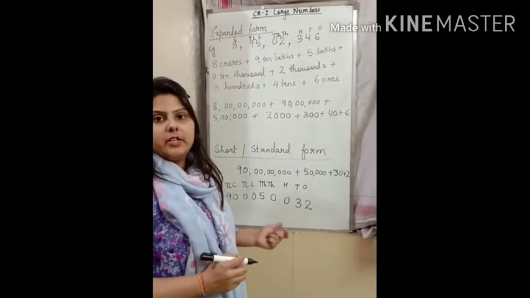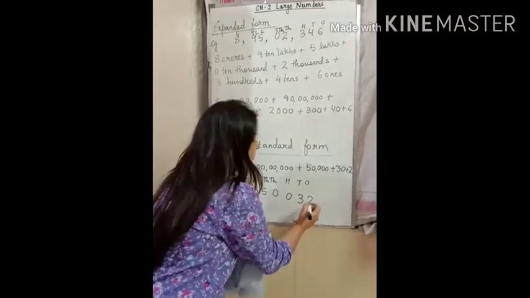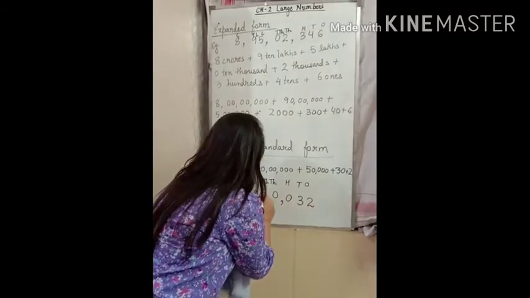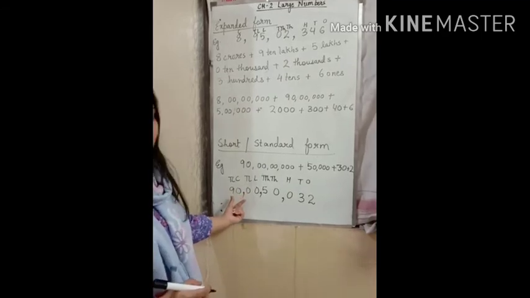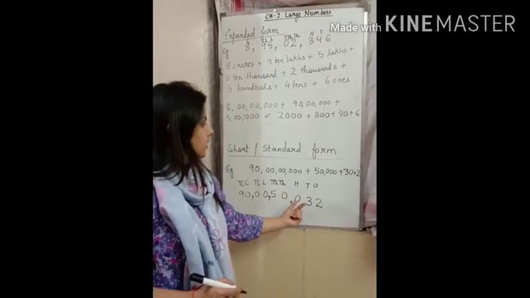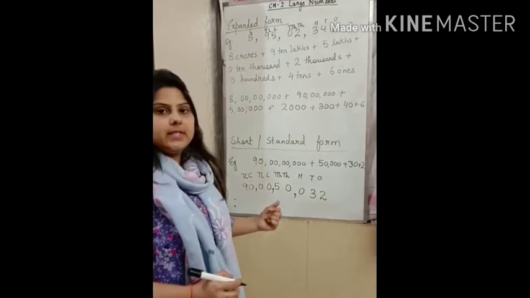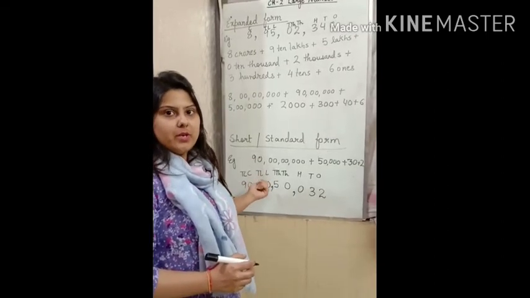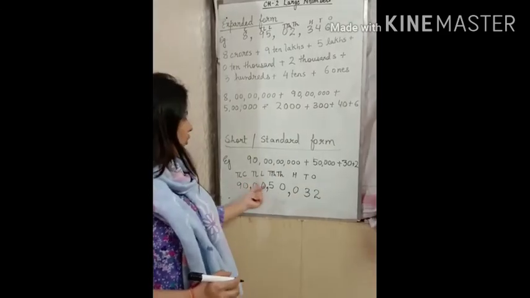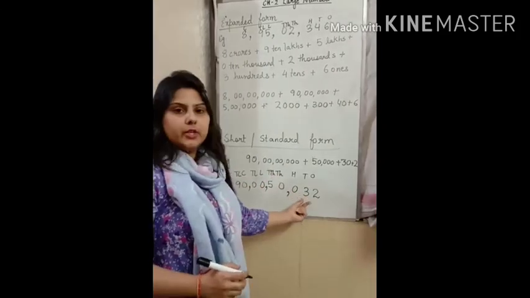Now as per your Indian number system, you can put the commas from the right side. So as you all can see, it becomes 90 crore 50,032, and you can relate it with this question. So now I think you know how to write the number name as well. 90 crore 50,032.